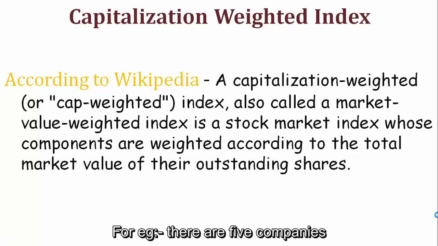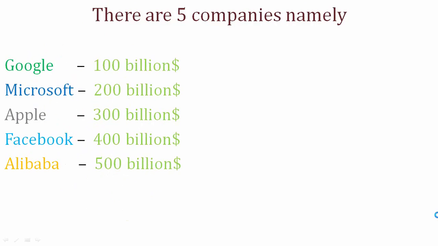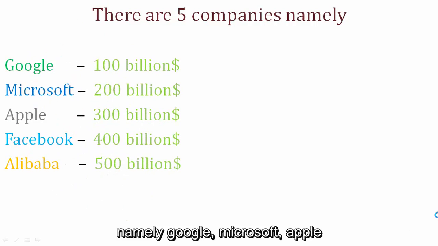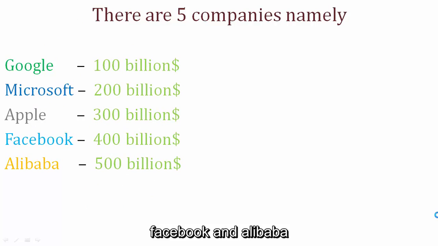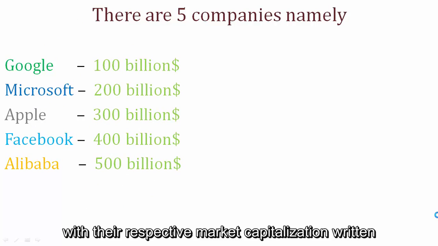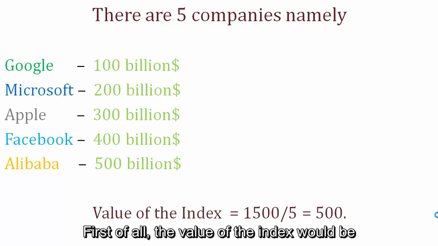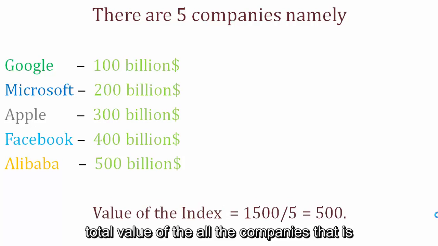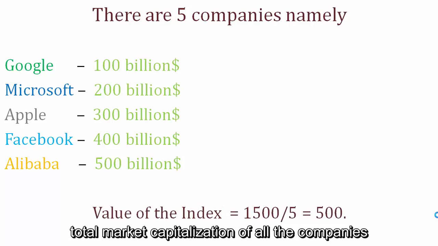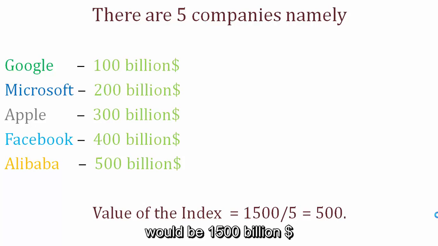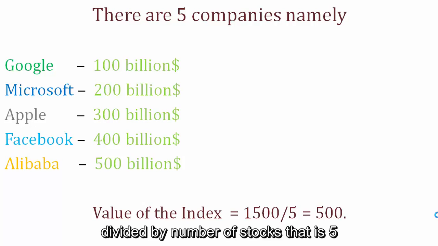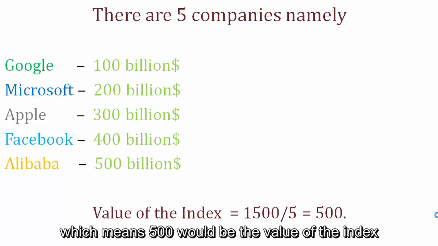For example, there are 5 companies, namely Google, Microsoft, Apple, Facebook and Alibaba, with their respective market capitalizations ranging from $100 to $500 billion. First of all, the value of the index would be the total market capitalization of all the companies, which is $1,500 billion, divided by the number of stocks, that is 5, which means 500 would be the value of the index.